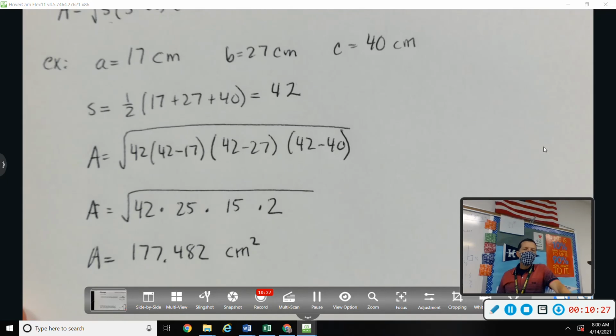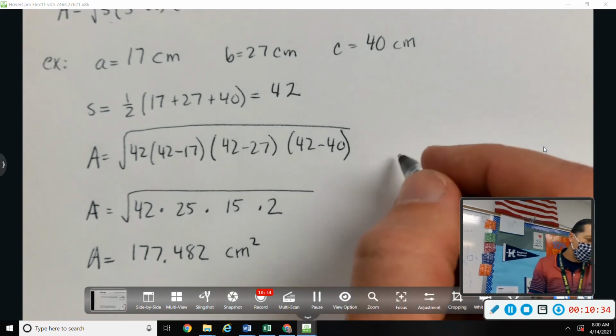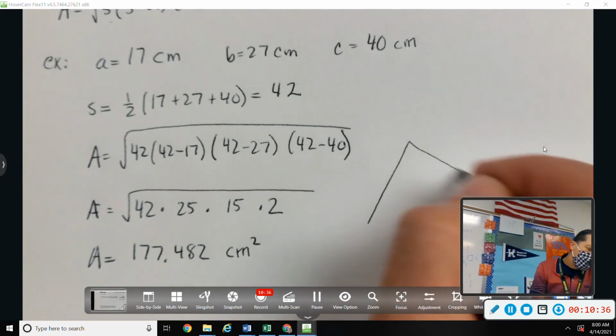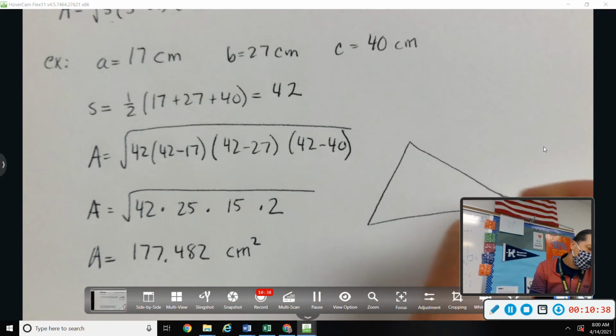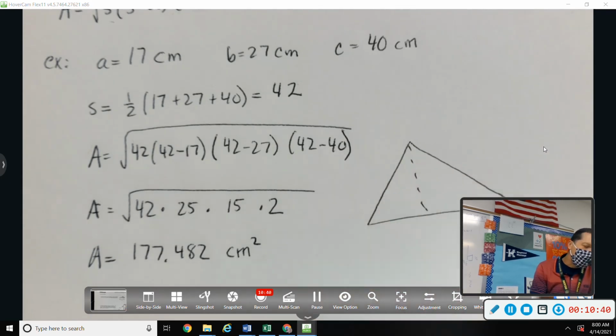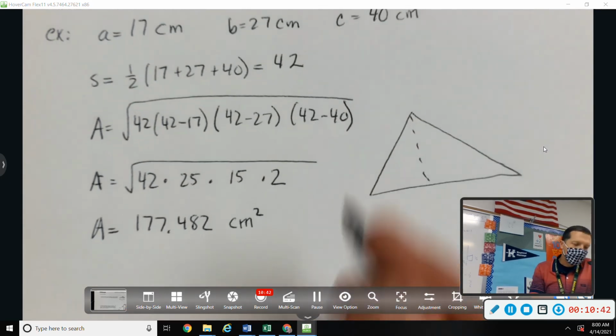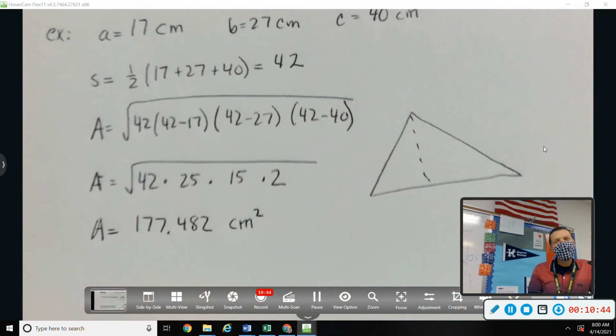So, complicated formula maybe, but you can see how it would be pretty useful because you don't need to know the height. Not needed. You don't need to know any angles. As long as you can measure off the side lengths of a triangle, you can find the area.